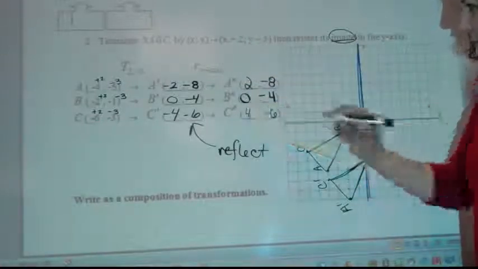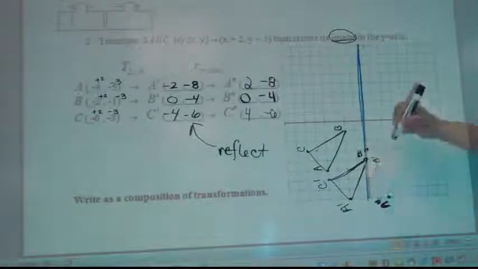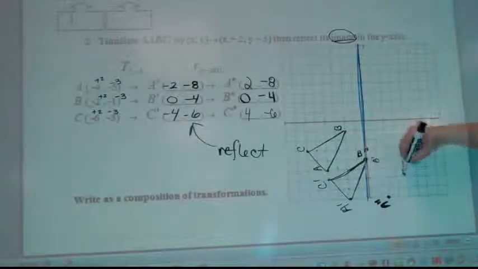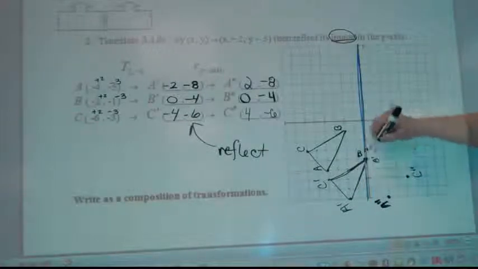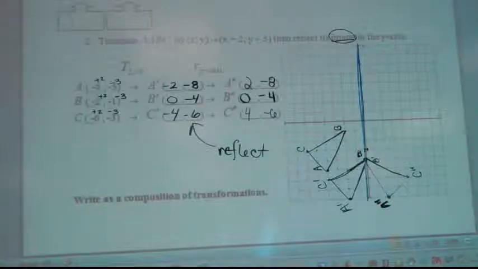So it's +2 and +4. A should be here, double prime. C is 1, 2, 3, 4. That looks good. Let's just double check the points are right. (4, -6), (2, -8). Looking good.